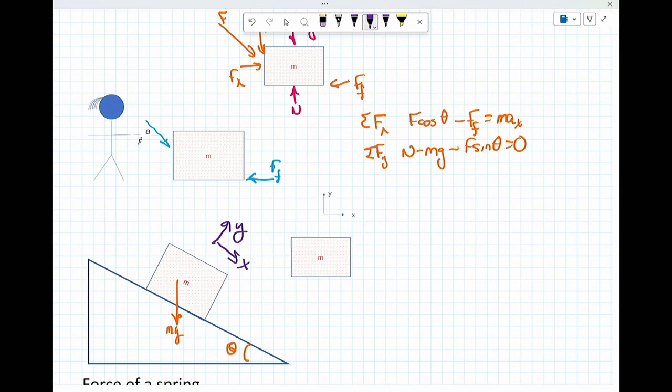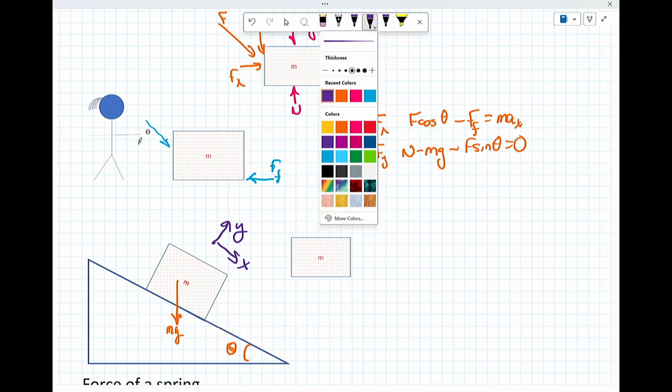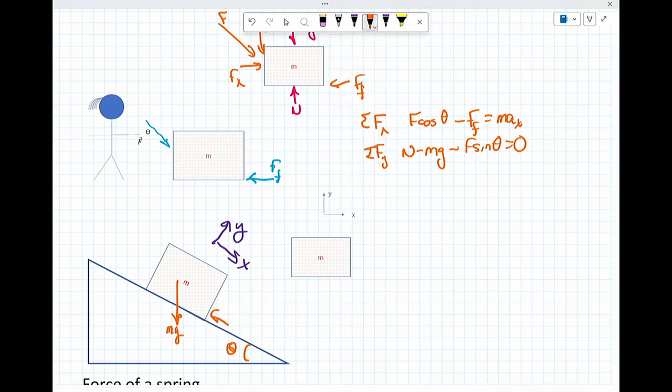So often when I want to make my life easier, I will define everything so one of the component directions is always in the direction of motion. So here I've twisted it so that it lines up with that theta that I have defined on the ramp. I can also put in a force of friction right there.